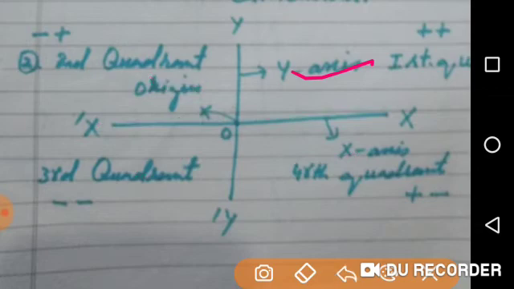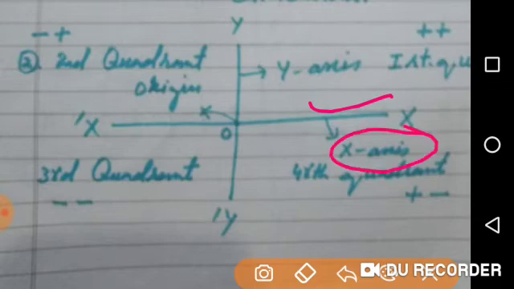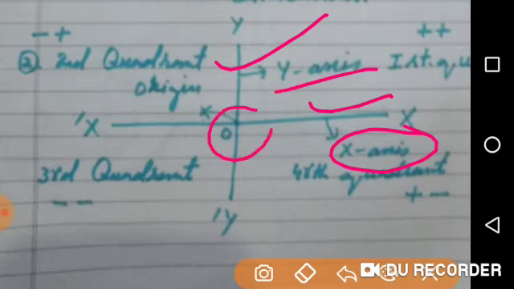The horizontal line drawn on a flat surface or a plane is called x-axis, and the vertical line drawn on a flat surface is called y-axis. The point where they intersect each other is called an origin.